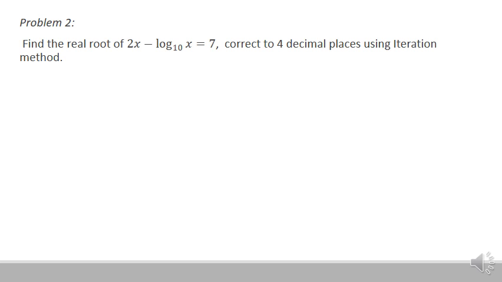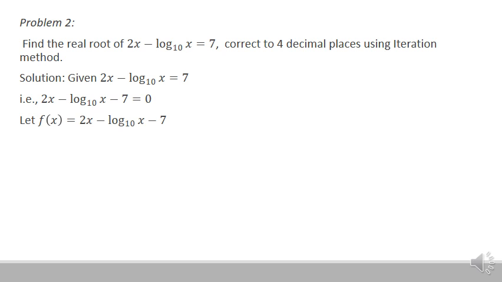We will see the next problem. Find the real root of the equation 2x minus log x equal to 7 correct to 4 decimal places using iteration method. Let us consider the given function as f of x.